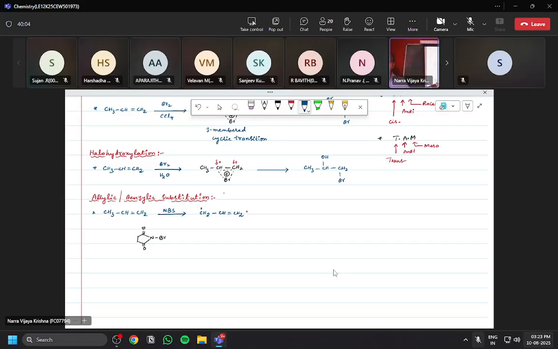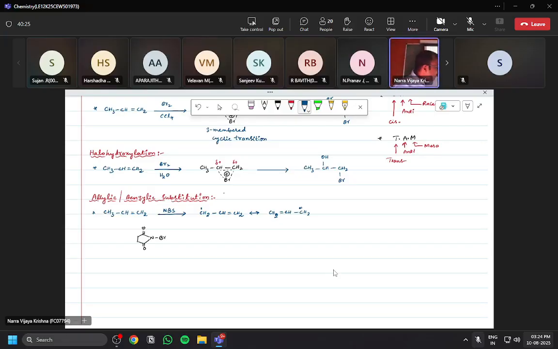First you will get that radical. This radical can undergo rearrangement also. This bond will be shifted here. You will get CH2 double bond CH single bond CH2 radical. There is no difference between both. Correct or not? This pi bond got shifted to this side, you got the radical on that side.